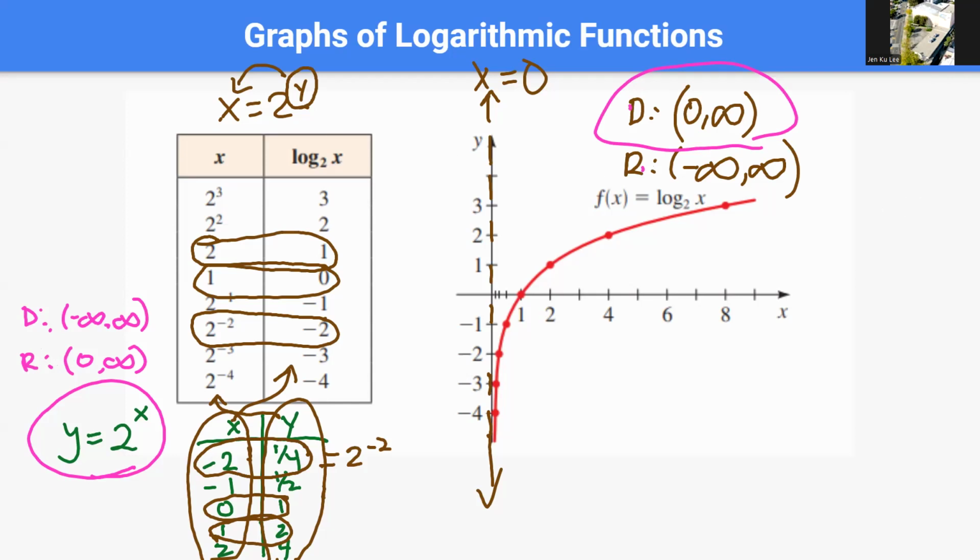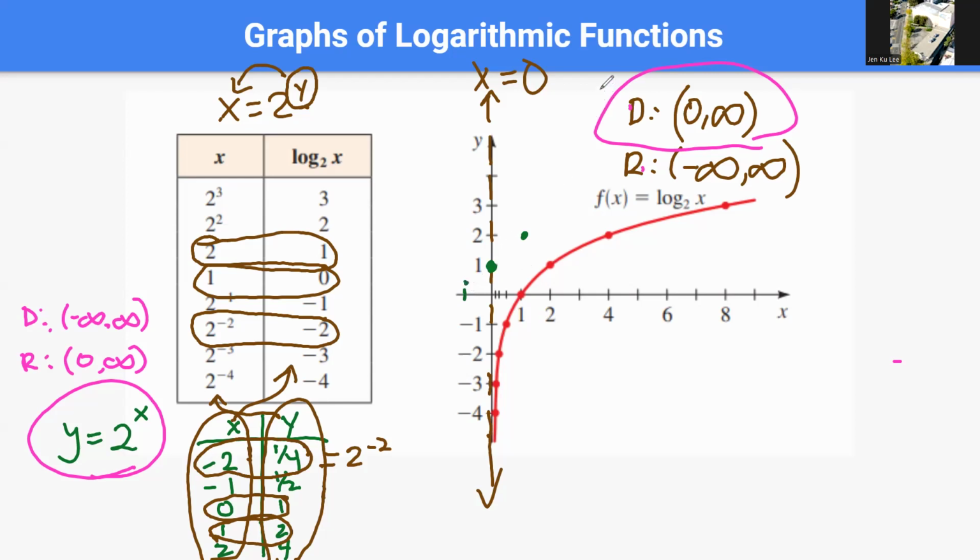Questions on that? Yeah. So if I makeshift graph y equals 2 to the x, and you want to see the inverse of that, it would be 0, comma 1, 1, comma 2, negative 1, comma 1/2, right?